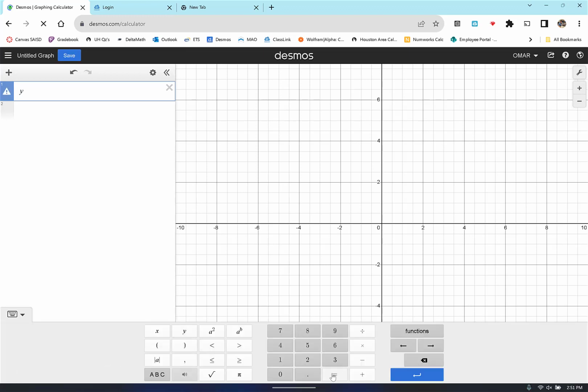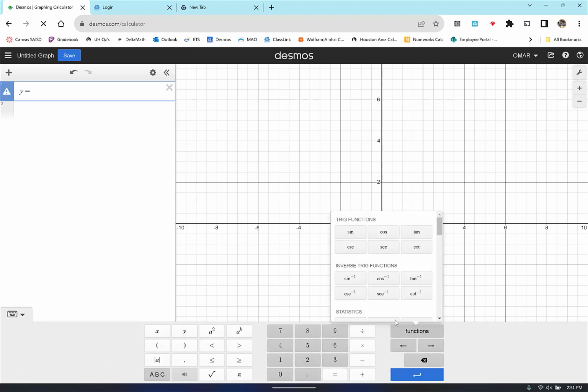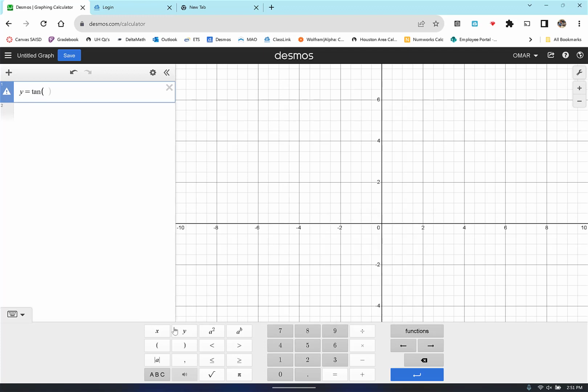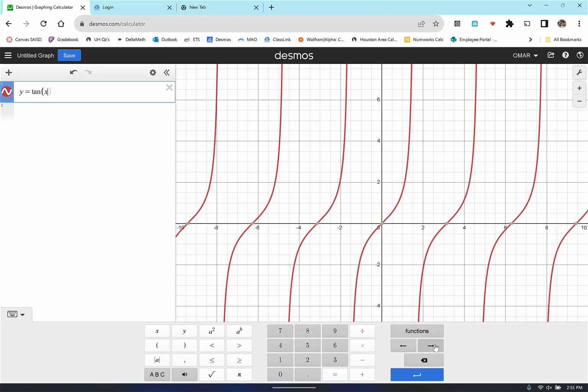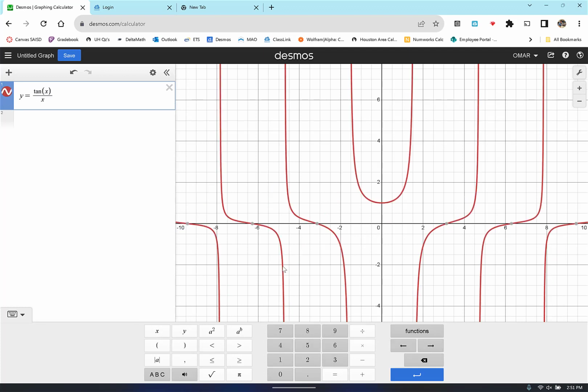Y equals tan x. Here are your functions right here. So tan x, and all this is divided by what? So there it is. Now let's see how this tangent line looks.